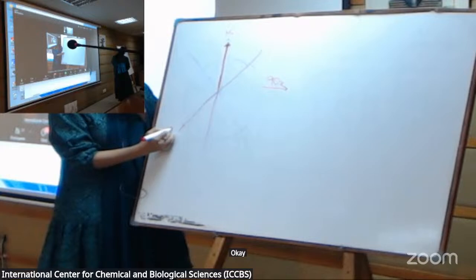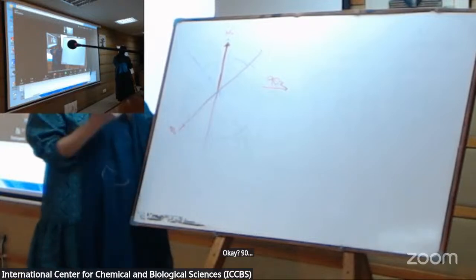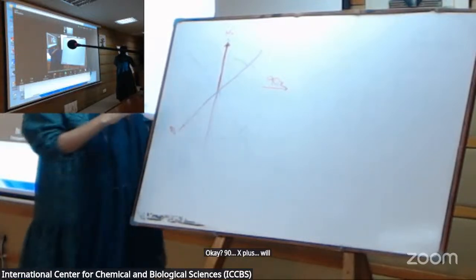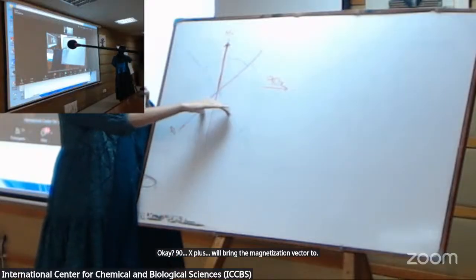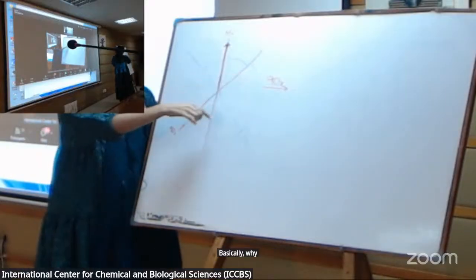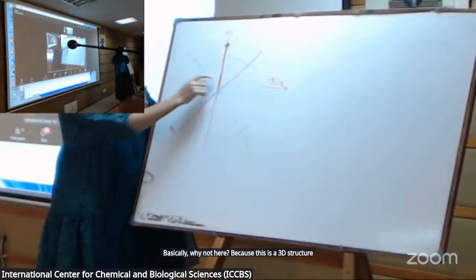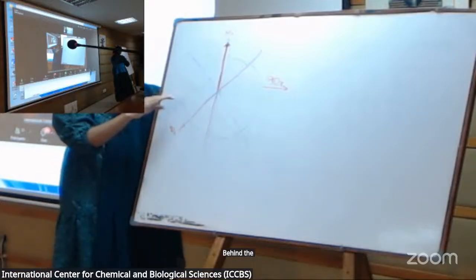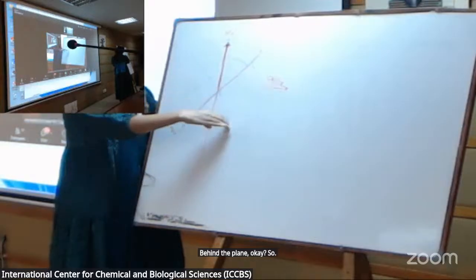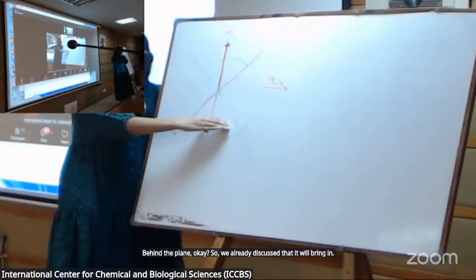We have already discussed that 90x plus direction will be from this direction. 90x plus will bring the magnetization vector to this plane. Why not here? Because this is a 3D structure and these are behind the plane. We already discussed that it will bring it to the position y.